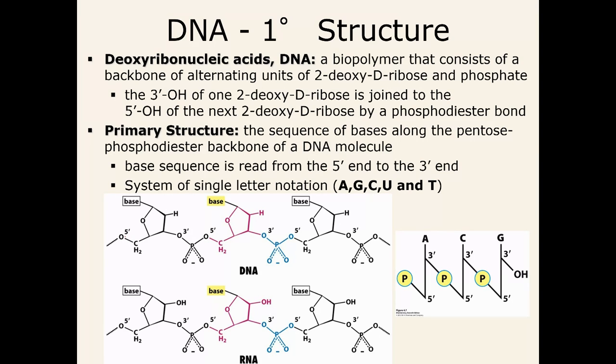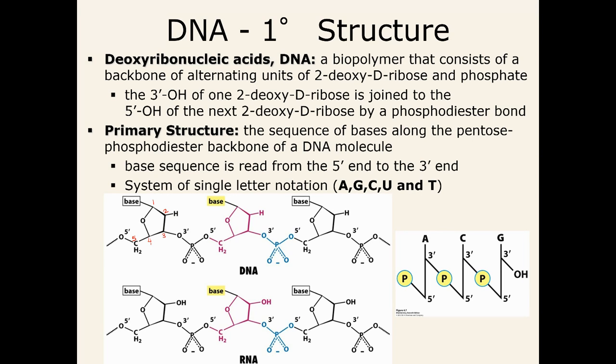Take a look at your notes. That's your carbon 5. And then it goes on to that carbon number 5. So here, let me write it in here. 1, the carbon 1 is always attached to the nitrogenous base. 2, 3, 4, 5.